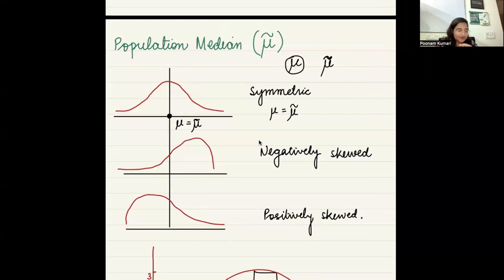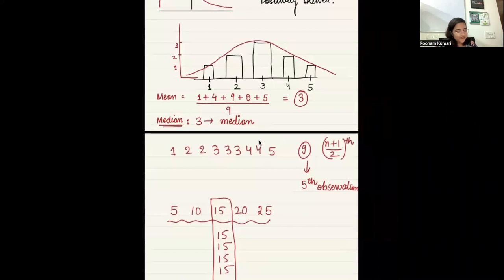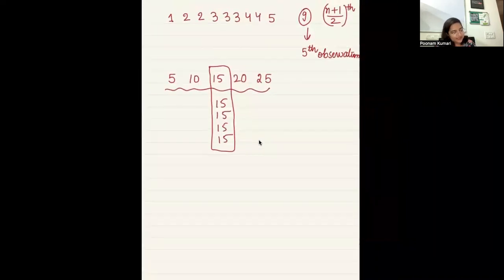Okay. All right. Chalo, let's take an example again. So instead of this, let's say we have this: one, two, three, four, five. And I have to make it negatively skewed.